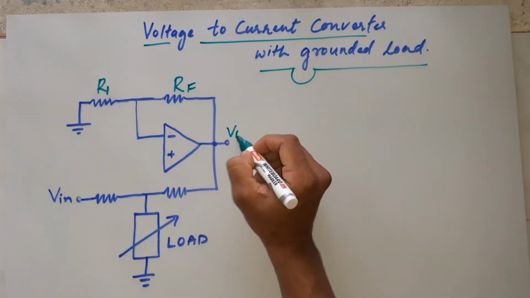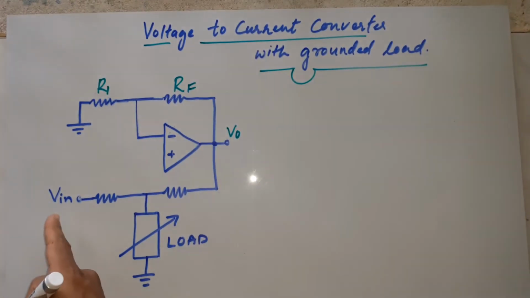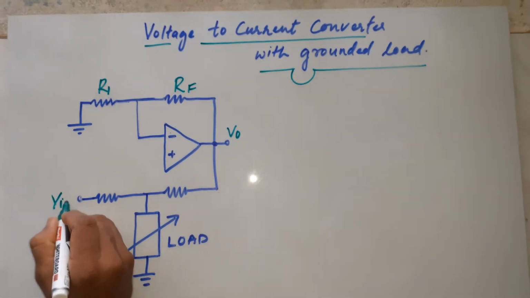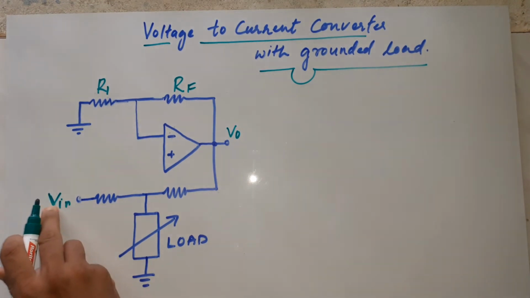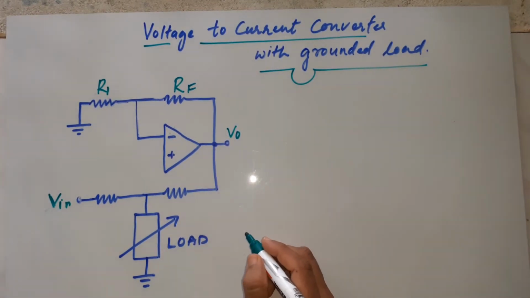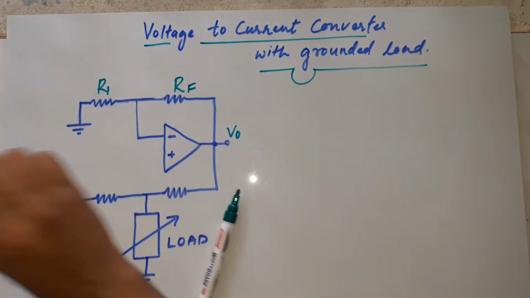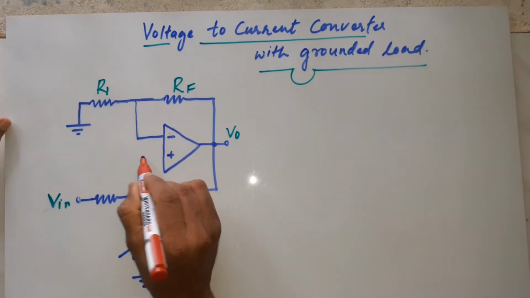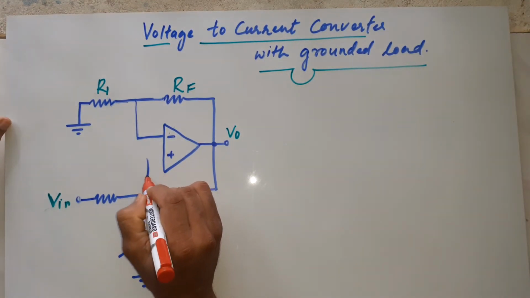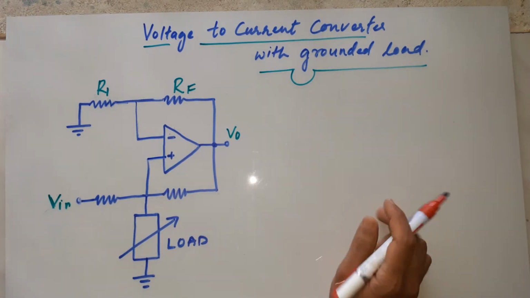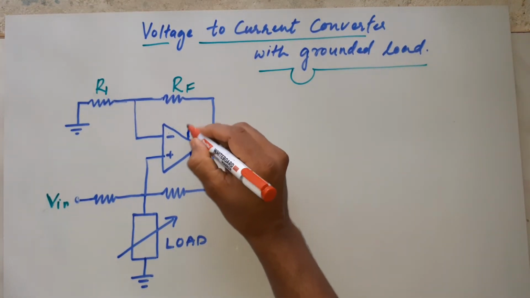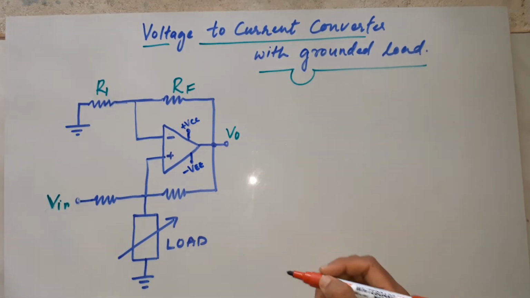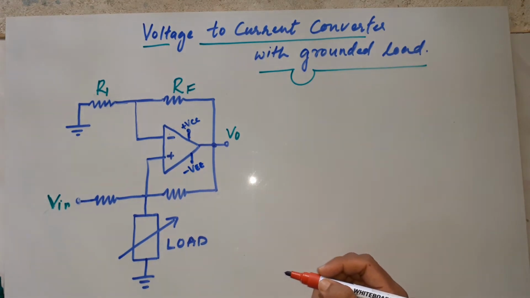This is your V naught, V in, then rest all things as it is. Plus VCC, minus VE. Yeah, that's it.